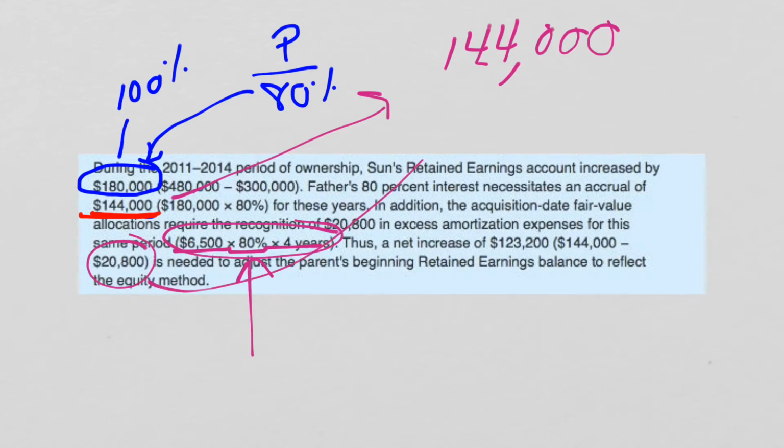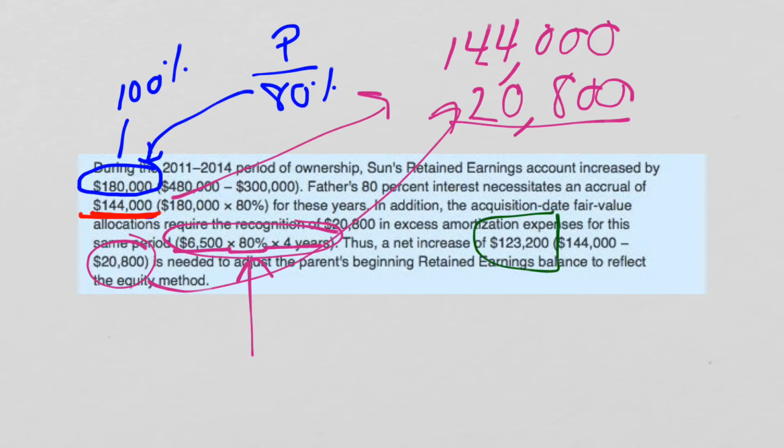You're going to subtract it because it was additional amortization, additional depreciation, and you get this number here, the 123,200, and that's what you need to bring the investment account on the books of the father into balance of what it would have been had they been doing the equity method.